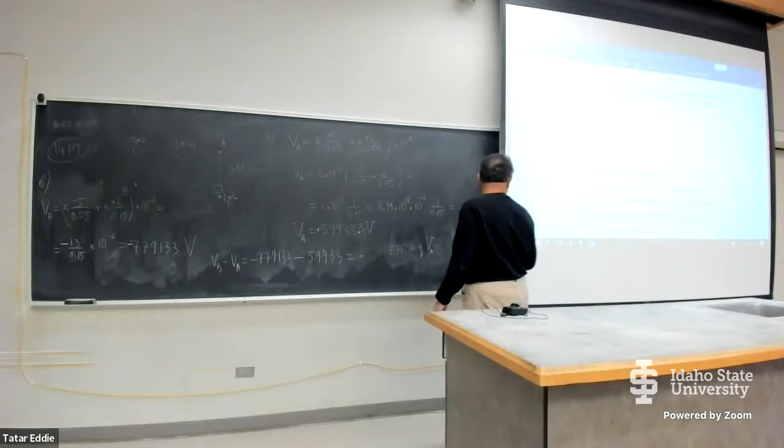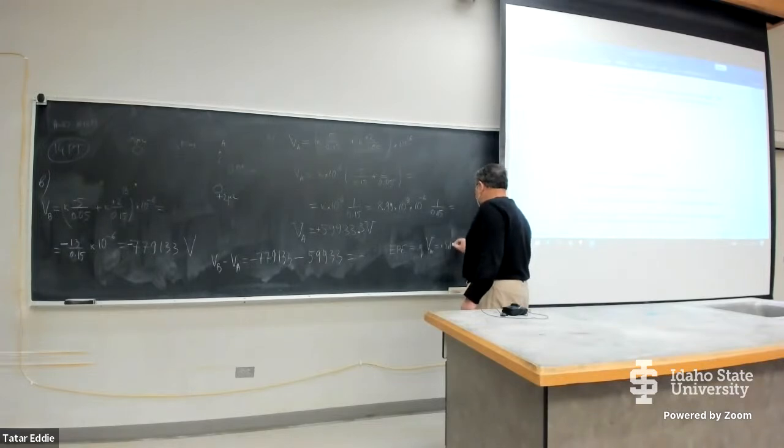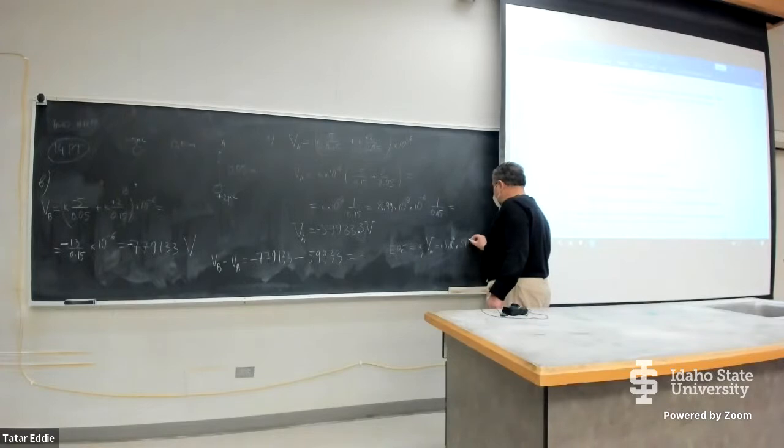So it is going to be positive 3 times 10 to the negative 6 times VA, which is 59,933.